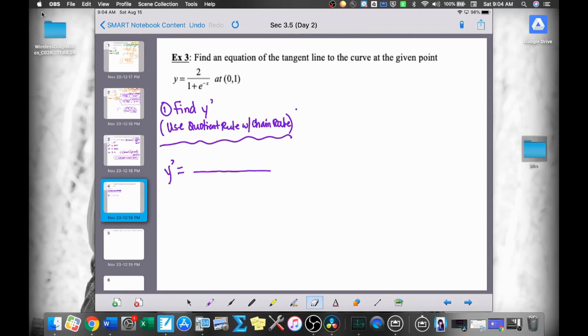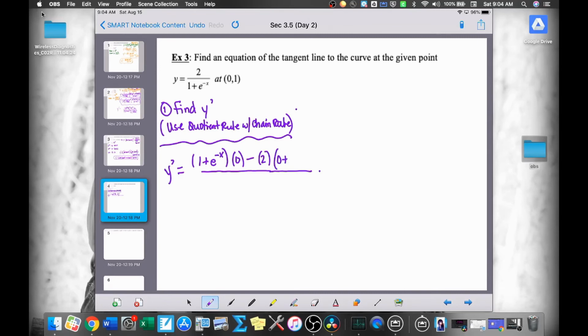So low is 1 plus e to the negative x. d high, derivative of 2 is 0. Minus high, d low. Here comes the chain rule part because the derivative of 1 plus e to the negative x includes chain rule. Derivative of 1 is 0.